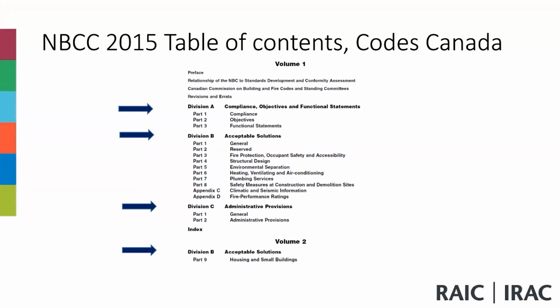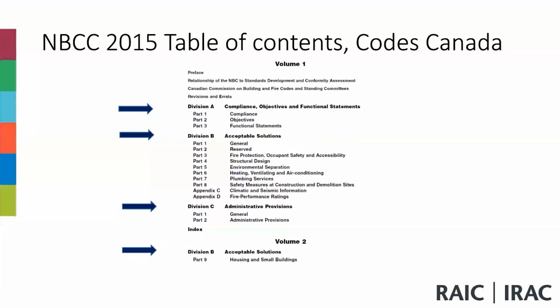You use both Volume 1 and Volume 2, because Division A applies to all buildings. Some of the provisions, as we have seen earlier this morning, in Part 9 refer to provisions of Parts 5, 7, 6, and 3. So make sure that you have both volumes handy.